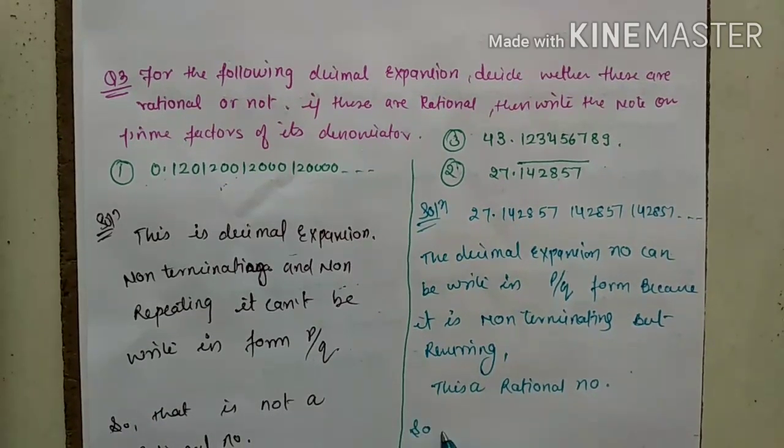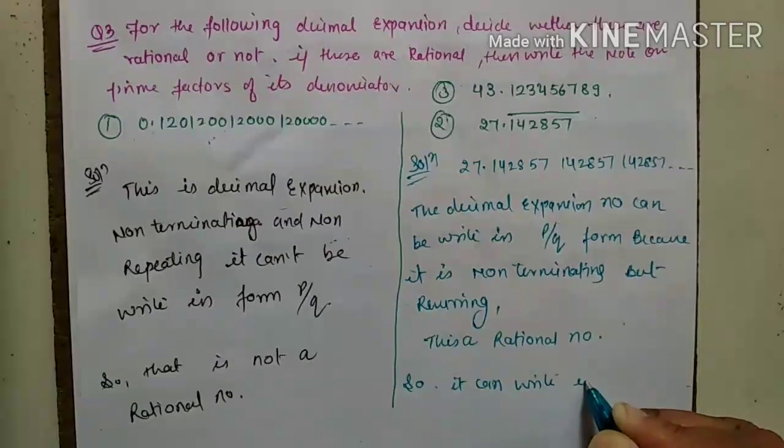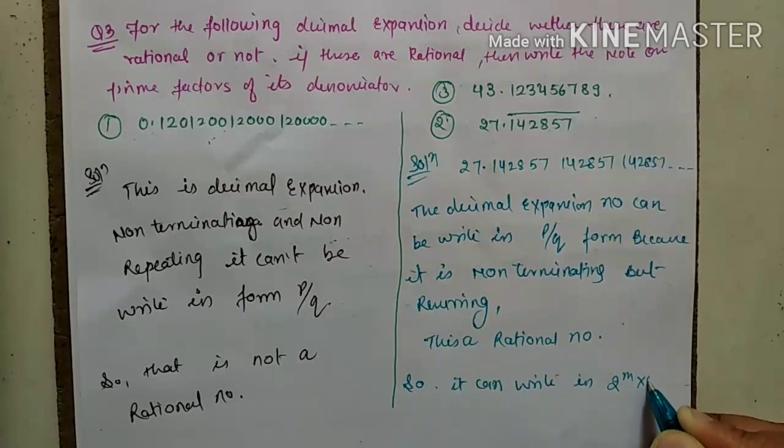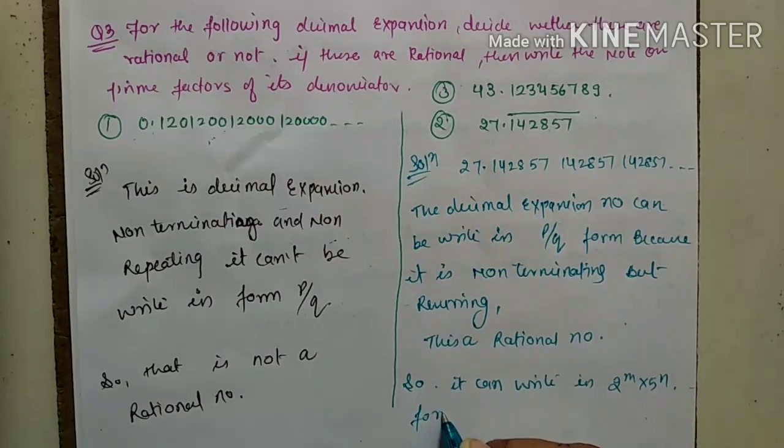So it can be written in 2^m into 5^n form. Is it clear? So this is the solution of first and second.